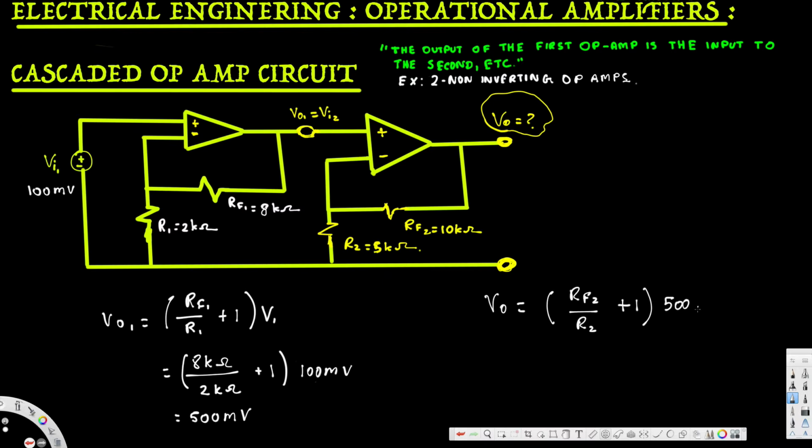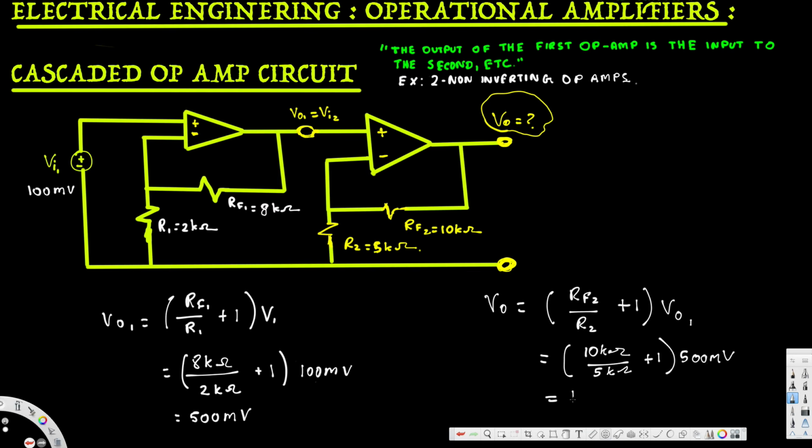So let's write VO1 first because we are writing the general term. So this is VO1, and here we are going to have RF2 is equal to 10 kilo ohm divided by 5 kilo ohm plus 1 times VO1, that is equivalent to 500 millivolt. 2 plus 1, 3. 3 times 500 millivolt, that's going to give us 1500 millivolt.